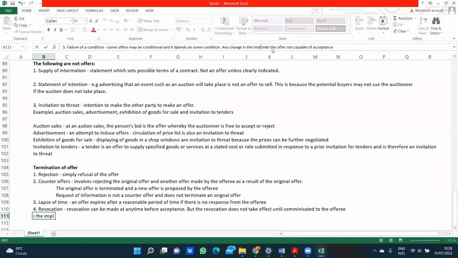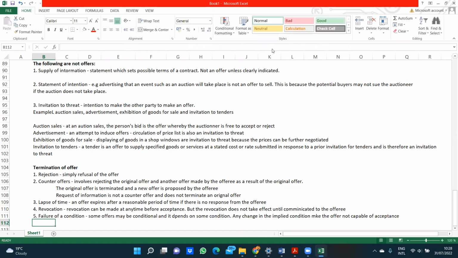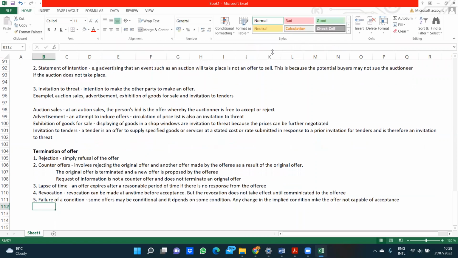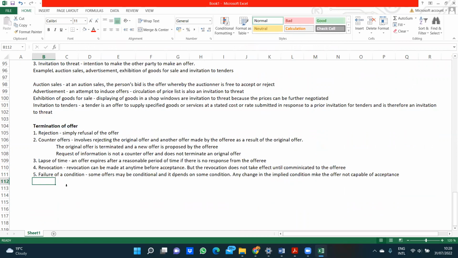The implied condition makes the offer not capable of acceptance. Okay, termination by death.